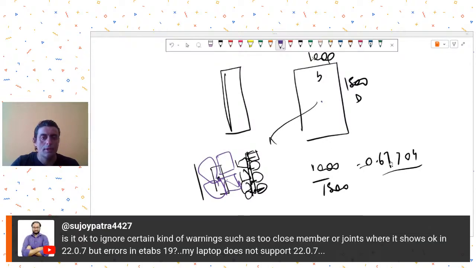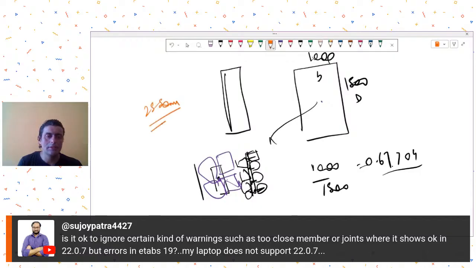Okay. Then engineer Sujoy Patra is asking, is it okay to ignore certain kinds of warnings such as too close members or joints, where it shows okay in 22.0.7 but errors in ETABS 19? No, so you should be checking for a tolerance of around 25 to 50 mm.